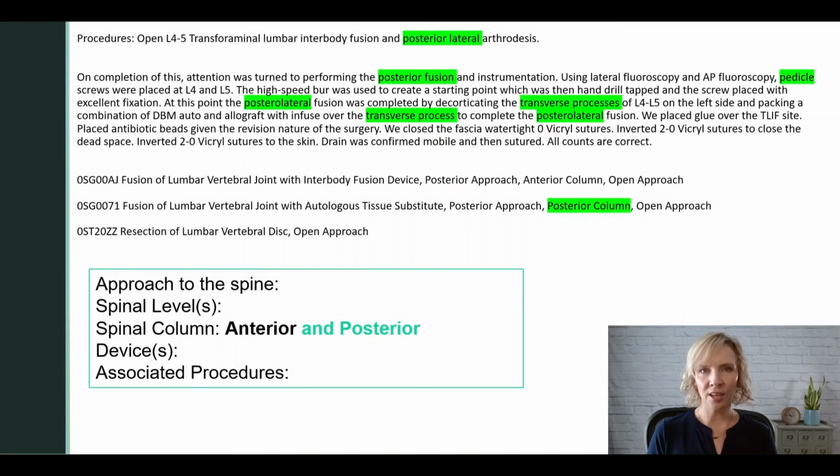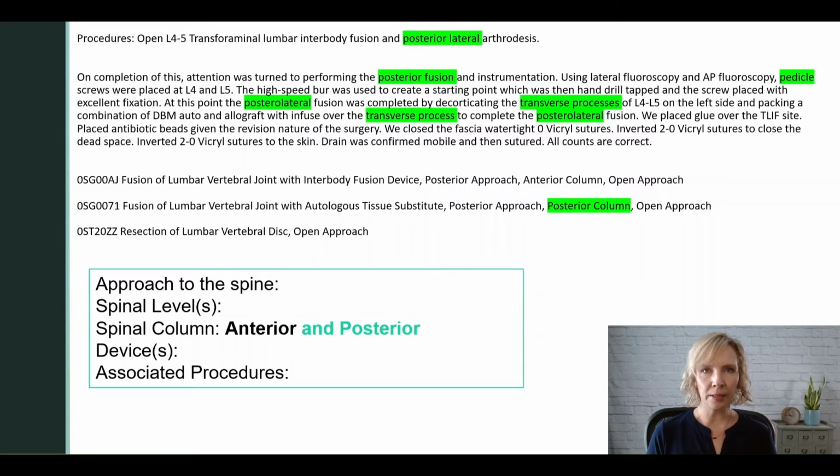Moving on to documentation clues that indicate the fusion of the posterior portion of the spine, I've highlighted in green the documentation clues that indicate fusion of the posterior spine. The physician specified that the procedure was a posterior lateral arthrodesis, indicating their intention to fuse the posterior portion of the spine.